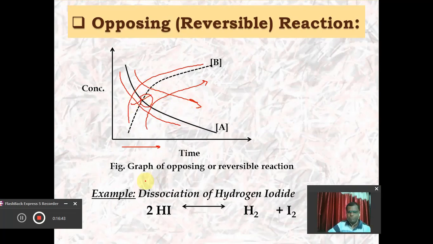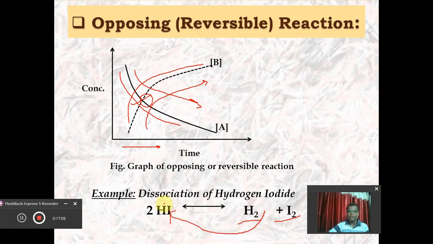I hope you are able to understand one type of complex reaction, called the opposing or reversible reaction. The example is the dissociation of hydrogen iodide into hydrogen and iodine, because the hydrogen and iodine formed here are again unstable, so they are reconverted into hydrogen iodide.